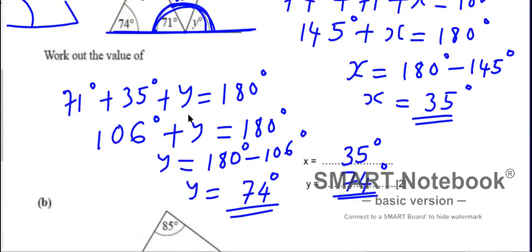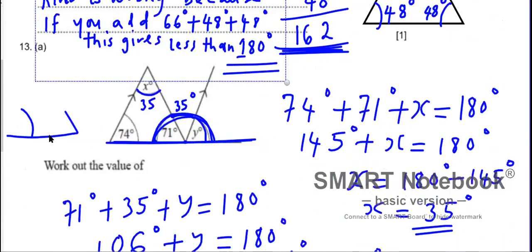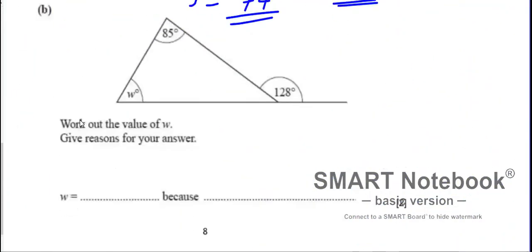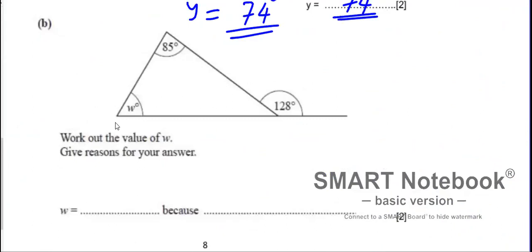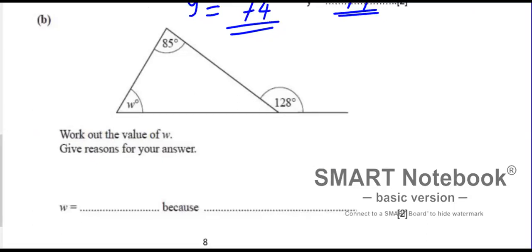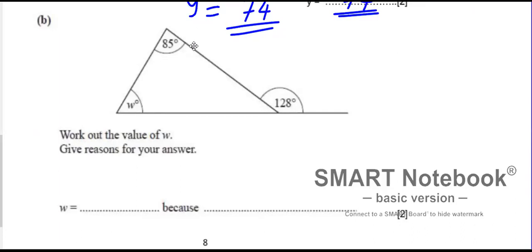This question is 13b. So we are given this diagram here. And this diagram seems not to be new because we have recently discussed the theorem which is used to answer this type of question.